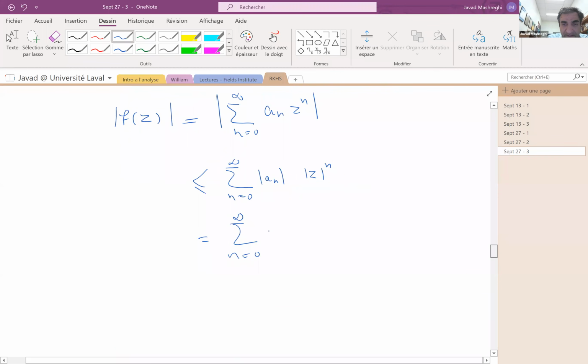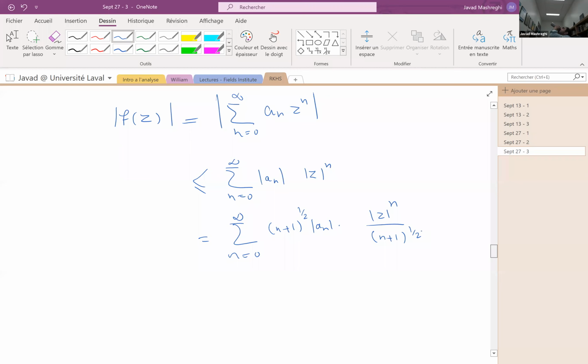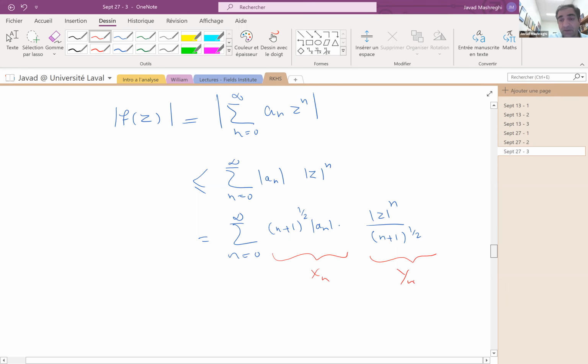I add here the square root of n plus 1 times a_n, and I have to divide by that too. And now I apply Cauchy-Schwarz with this as, say, my x_n, and this as my y_n.